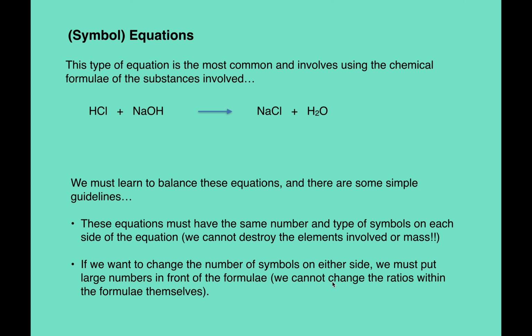You can't change the ratio within the formula itself. So here, if I want more sodium, I have to put a big number in front of the whole compound. And that big number, obviously, would distribute. So if I put a 2 here, I get 2 sodiums and 2 chlorides.